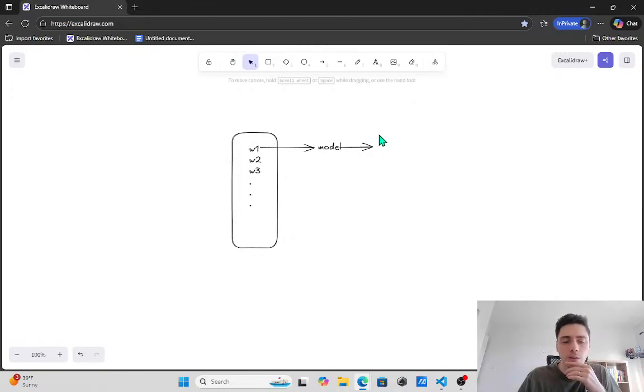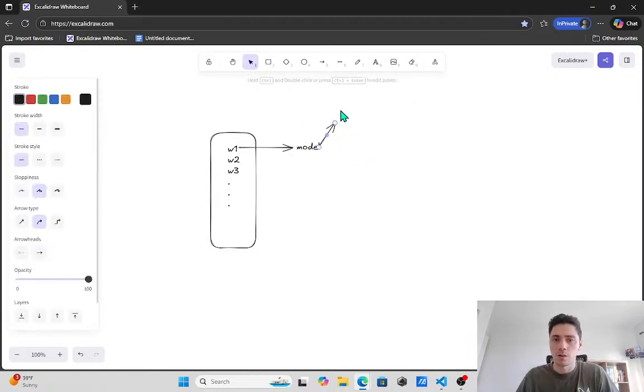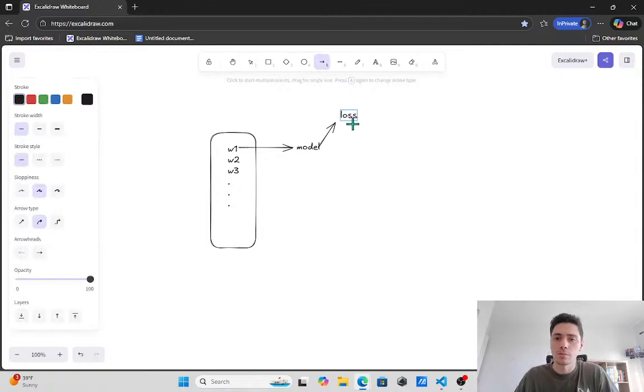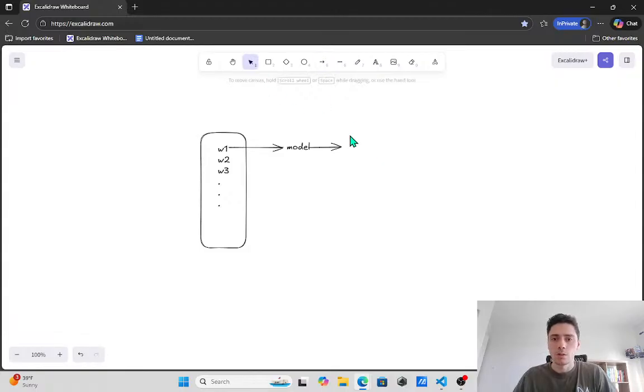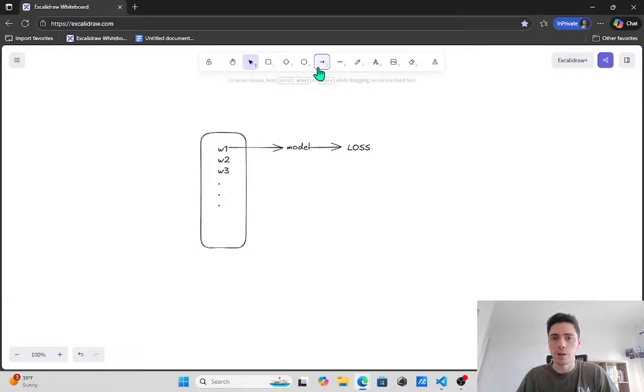Let's do this. We get a loss from that model, predictions made using W1.